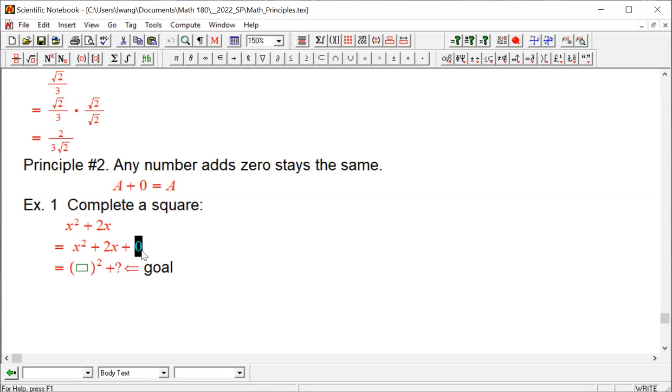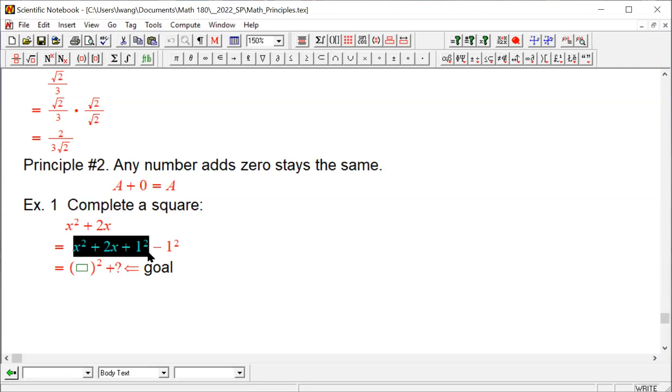Okay, and how am I going to choose this number? This number I choose here is going to be 1 squared. You know, 1 squared is still 1. It's the same as 1. 1 squared minus 1 squared. I'm adding a 0, so it stays the same, right? The latter expression is the same as the original.